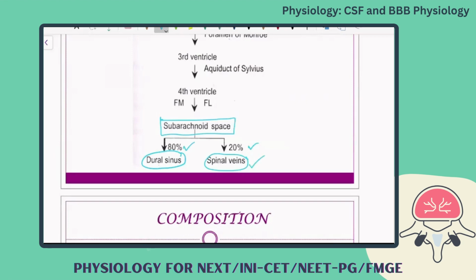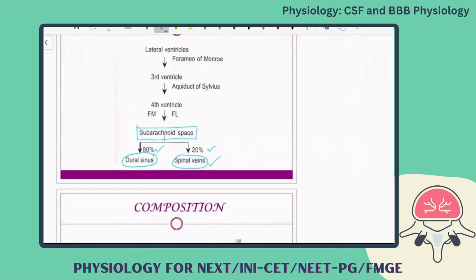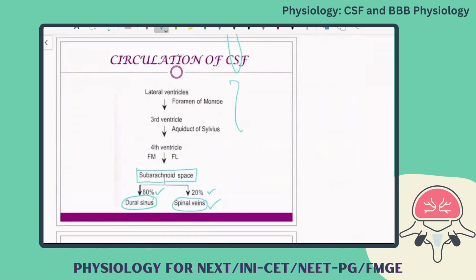If there is any obstruction in this pathway, you will encounter a condition called hydrocephalus, not encephalopathy: accumulation of CSF within the cavity in the outer covering of the brain. You will encounter enlargement of the head and increase of intracranial pressure.